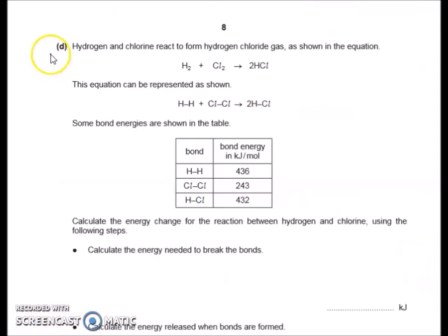Question 3D here. Hydrogen and chlorine react to form hydrogen chloride gas. This is the equation and it is expanded here. Some bond energies are shown in the table. Now they're asking us to calculate the energy change for the reaction between hydrogen and chlorine.